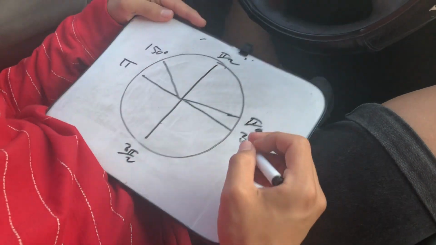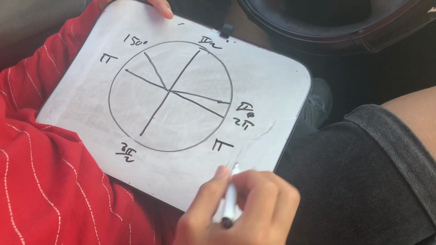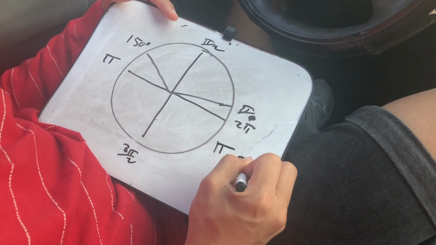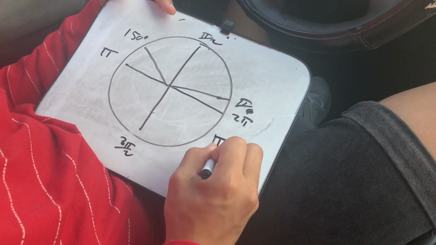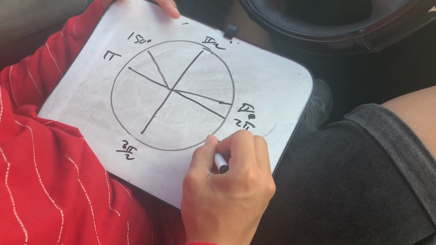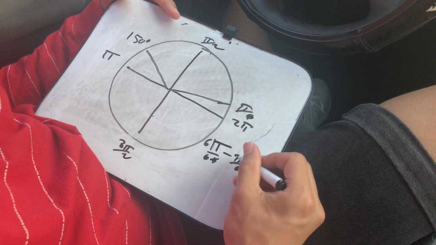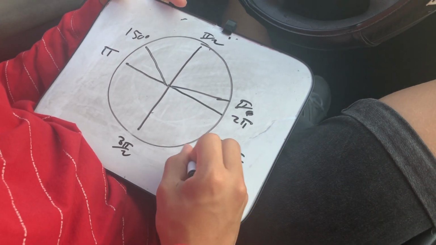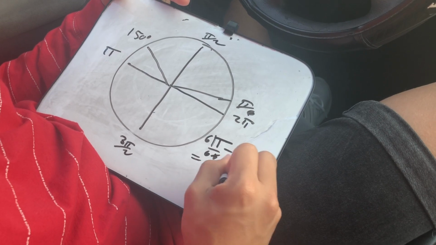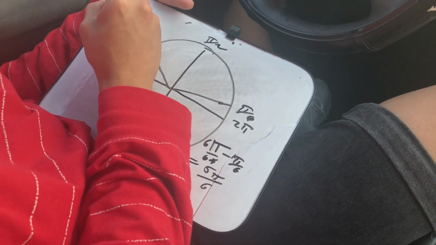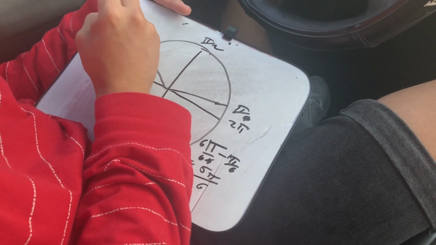All you would have to do is pi minus pi over 6. So then we have to get our common denominator, so you multiply by 6, get this to be 6. So 6 minus 1 pi is equal to 5 pi over 6. So 150 is 5 pi over 6.